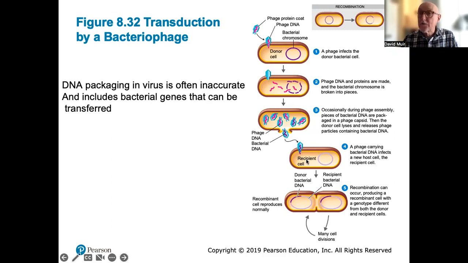And that may be very useful information for the recipient cell. And that then gets integrated into the host, into the genome, and becomes part of the recipient's DNA. So this is a really important process in natural populations. That is transduction. Transduction refers specifically to the transfer of DNA from one cell to another by viral packaging.